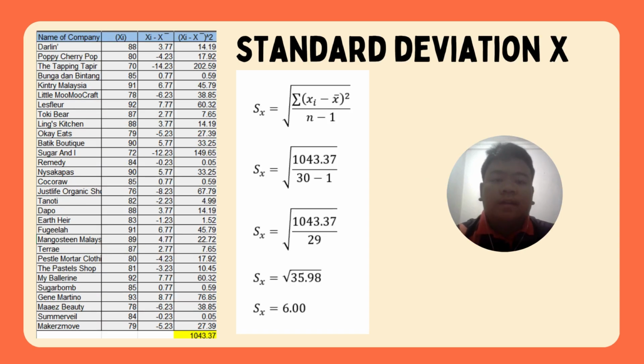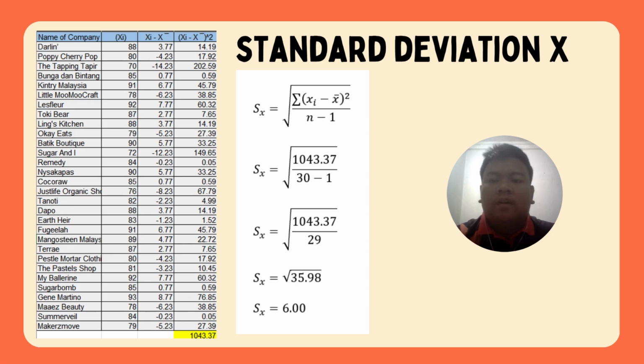So let's find the standard deviation of X, to be exact, the customer satisfaction score. The formula for the standard deviation is quite similar to the covariance, but just a little bit different with the square and square root. So first, let's look at the table. Xi is the CSS, or customer satisfaction score.